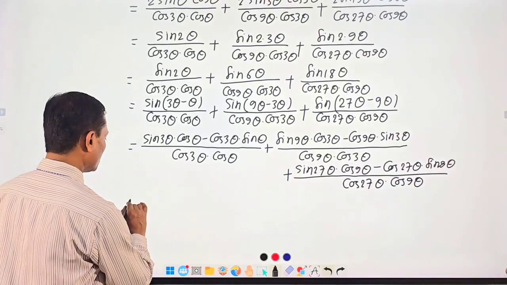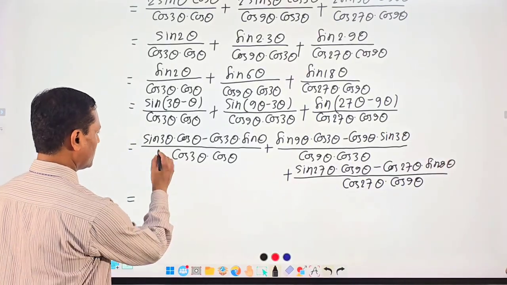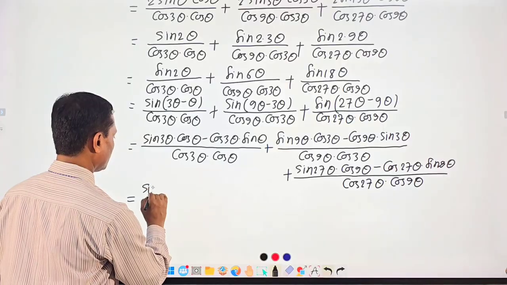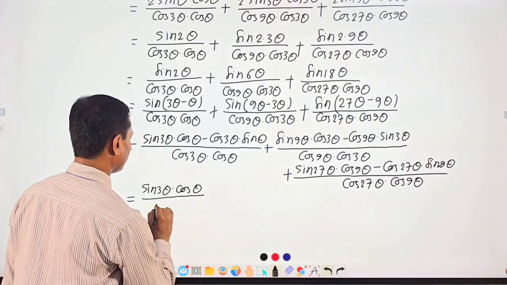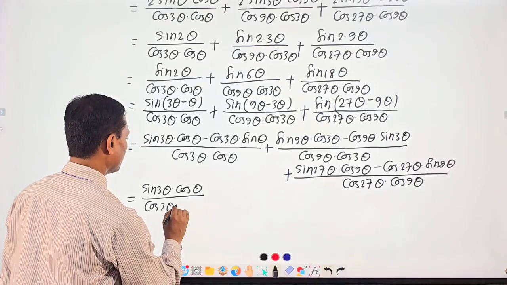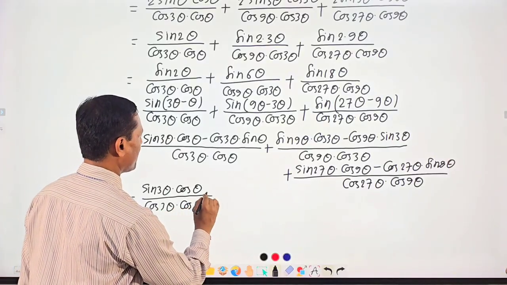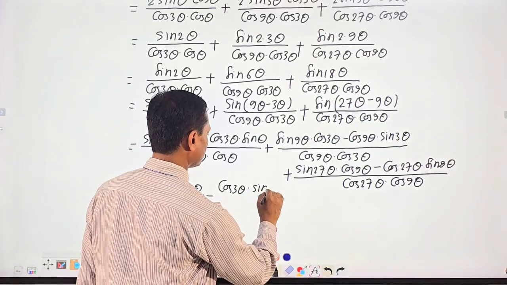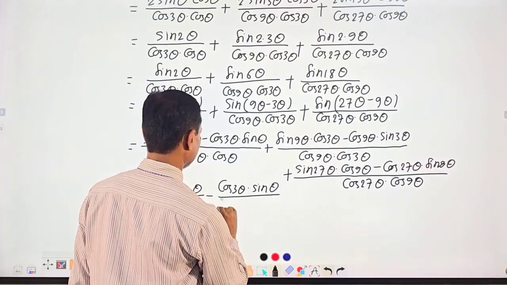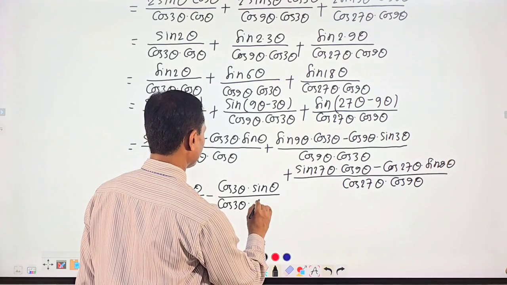So now we are going to separate the base, isn't it? So we write here sin 3 theta dot cos theta over cos 3 theta into cos theta minus cos 3 theta dot sin theta over cos 3 theta dot cos theta.